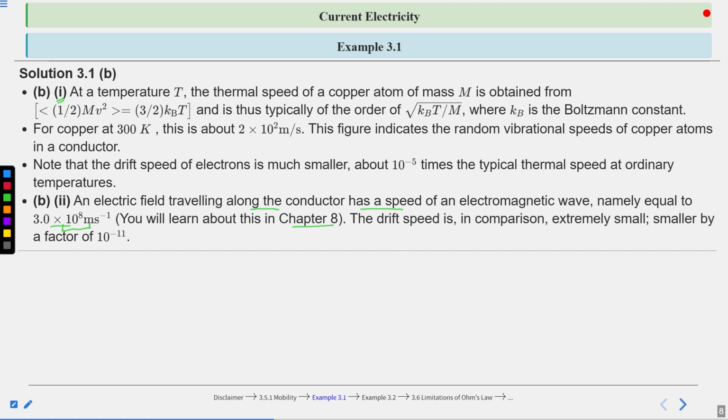It is of order 10 raised power 8, and drift velocity is of order 10 raised power minus 3, so it is 10 raised power minus 11 times. The drift velocity of the electron is 10 raised power minus 11 times the speed of the electric field. So you can compare this now.